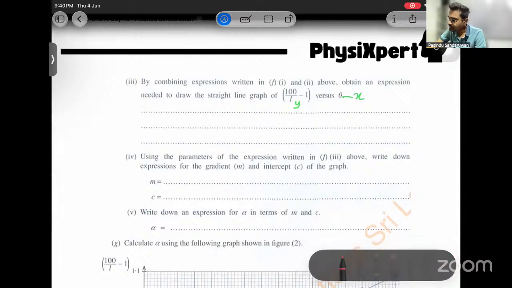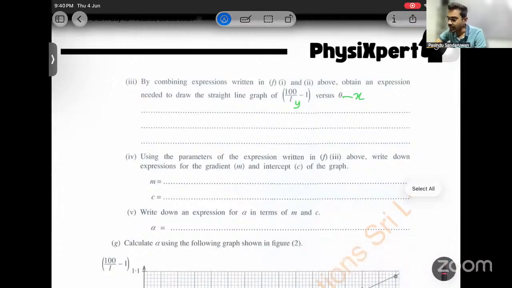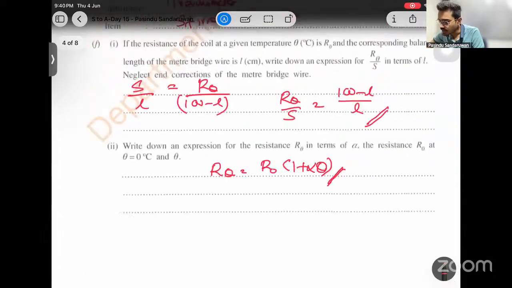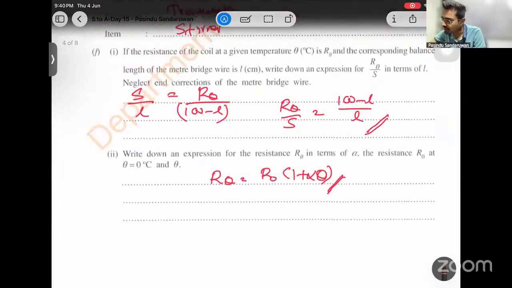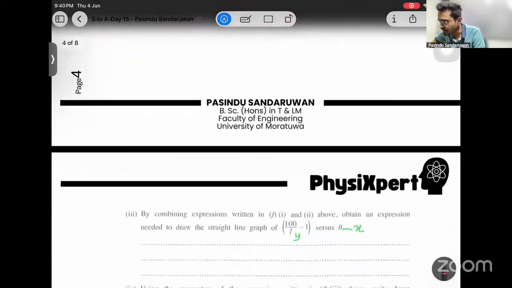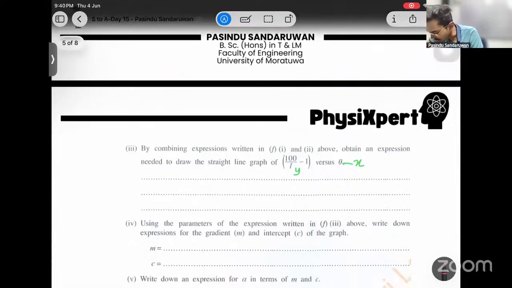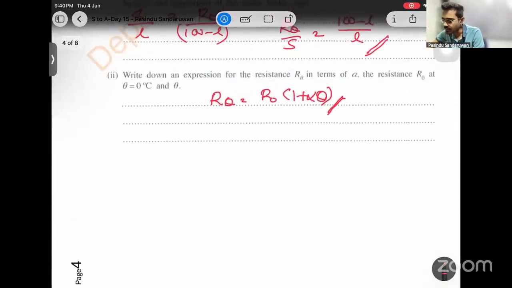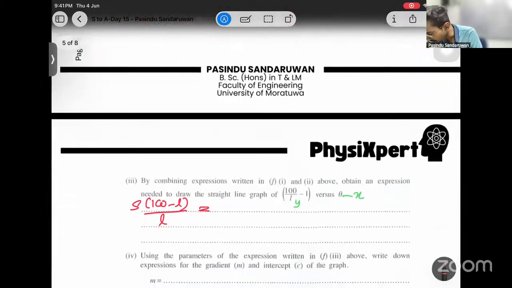Now, for R theta we have an answer here. R theta is S times 100 minus L over L. R theta also equals R naught times 1 plus alpha theta.